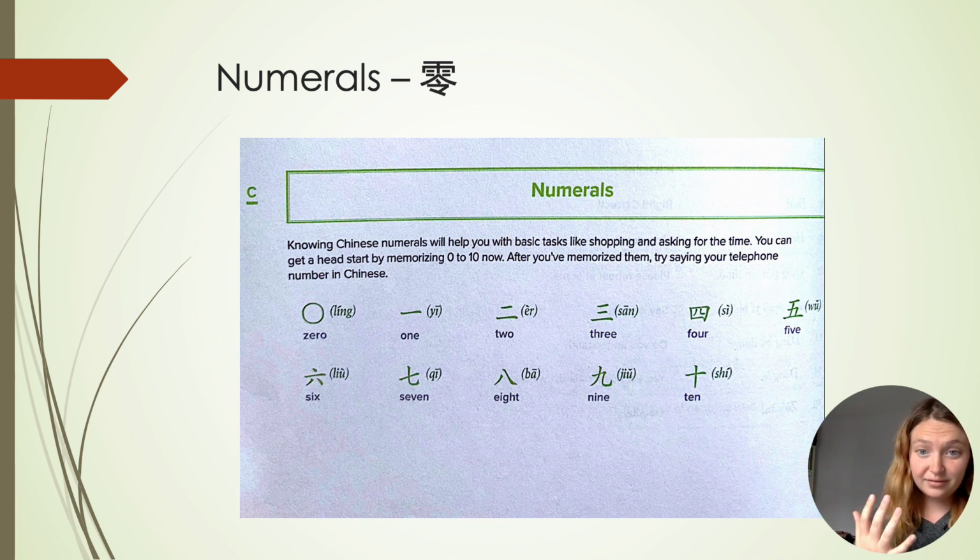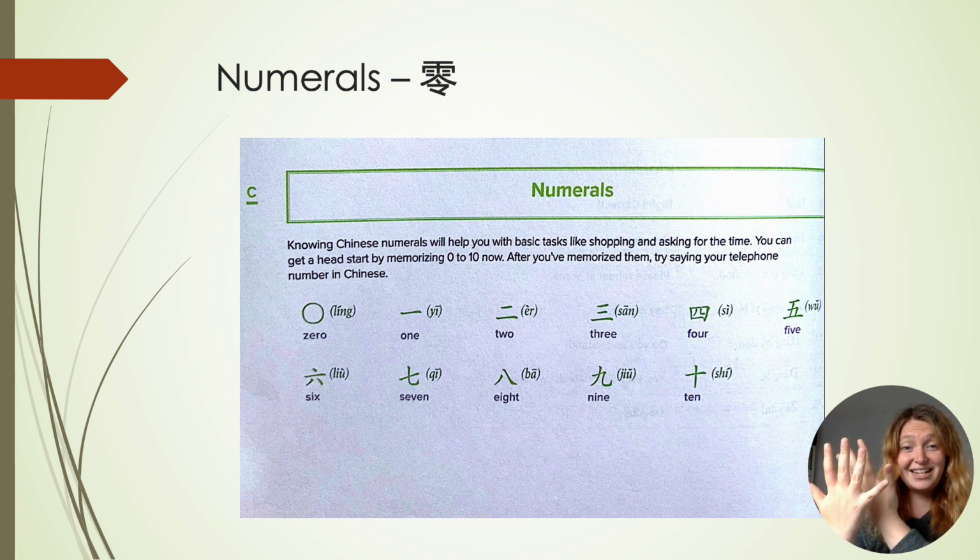Everyone you come across uses these and will be able to use these with you. In English, we count to 5 and then say 6, 7, 8, 9, 10, so we tend to count on all 10 of our fingers, but in Chinese, they count to 10 on one hand, which is very convenient.